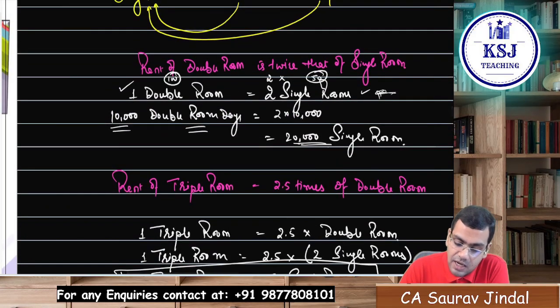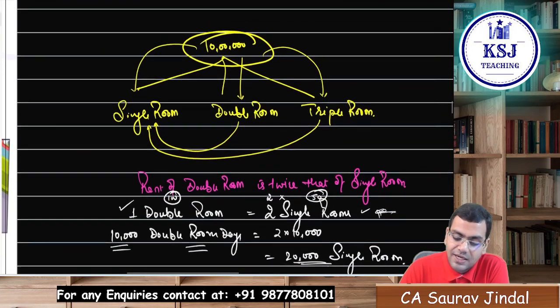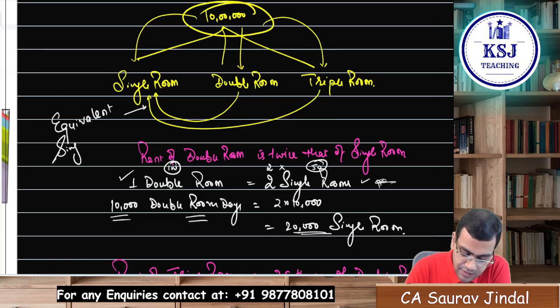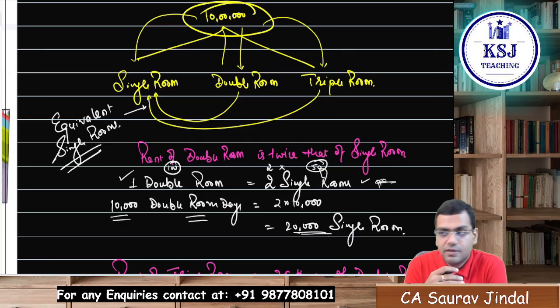When this conversion takes place, it is known as equivalent single rooms. So this is one type of conversion that you will face in the question, sir.